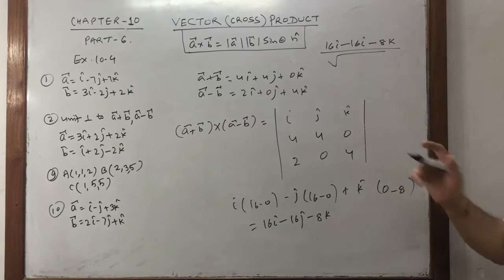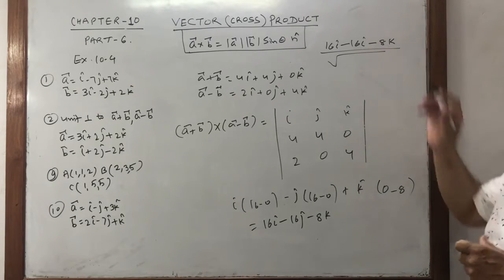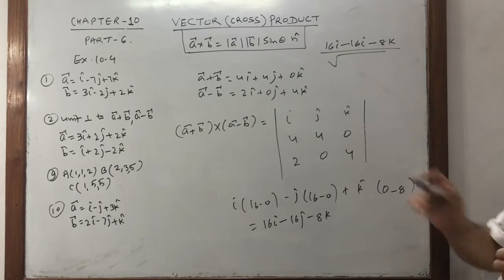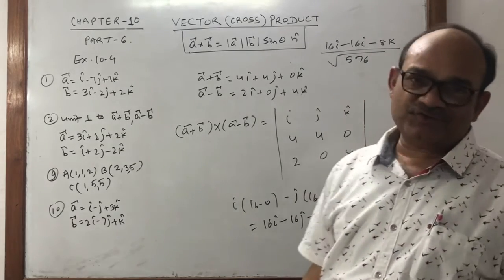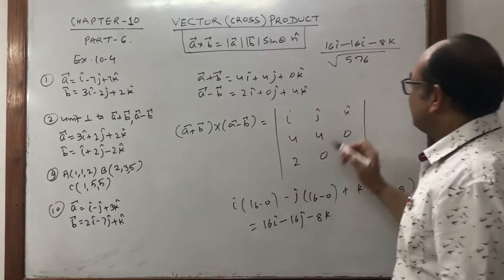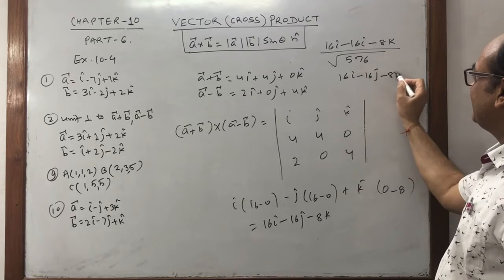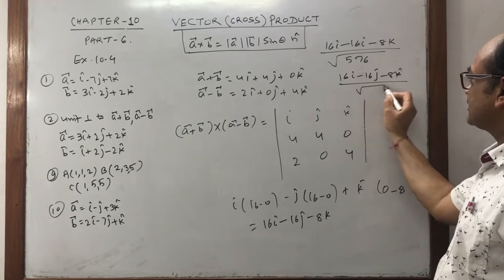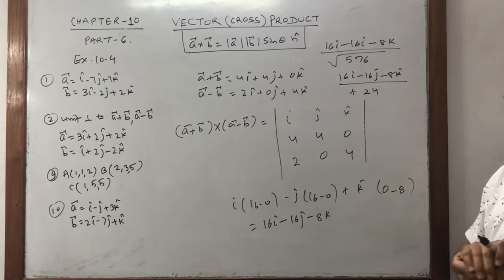And what's the magnitude? 256, 256, 512, 512 and 64, 576. And you know very well the square root of 576 is, yes, good, plus minus 24. 16I, 16J, 8K, divided by plus minus 24, so here we can write plus minus 24.